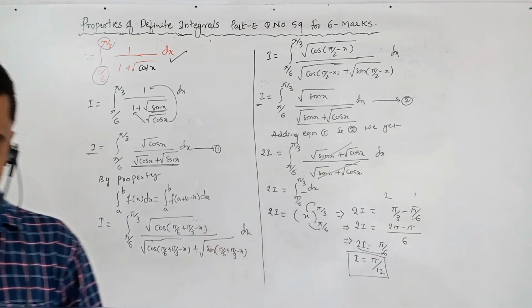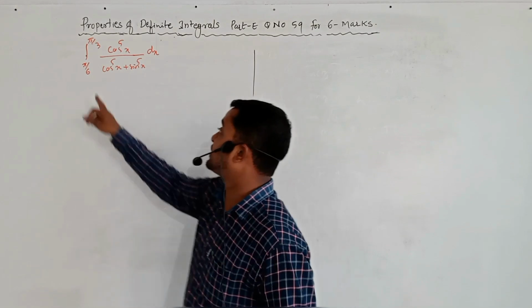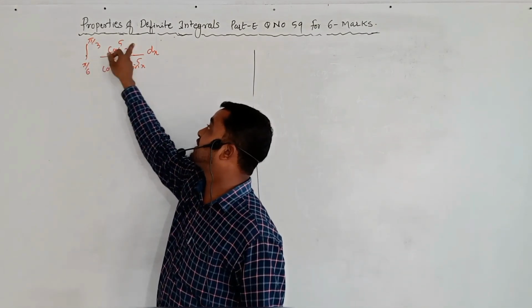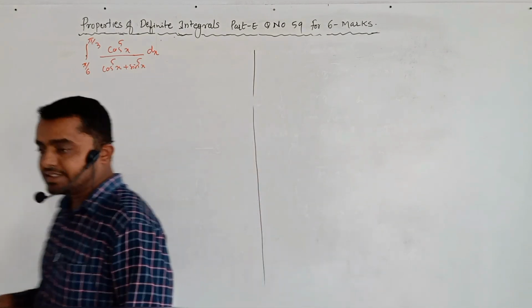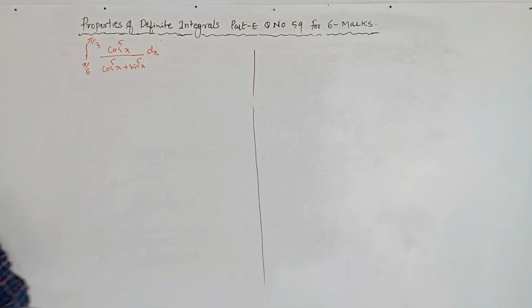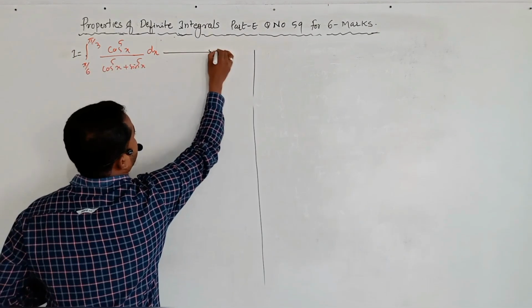Next problem. Integration from 5π/6 to 5π/3 of cos^(5)x divided by cos^(5)x plus sin^(5)x dx. See here, I is equal to, write this one first. Equation 1.